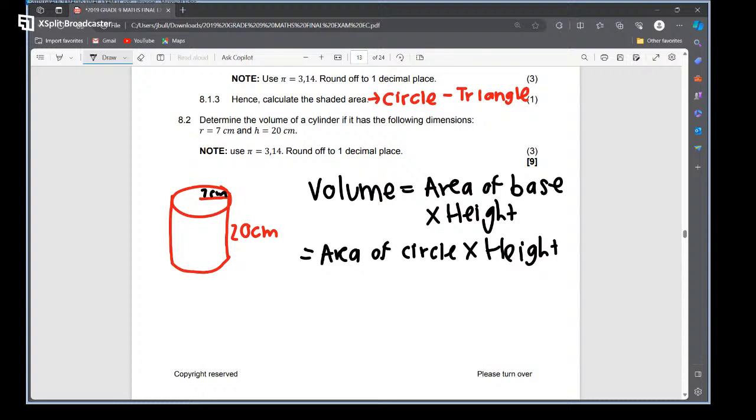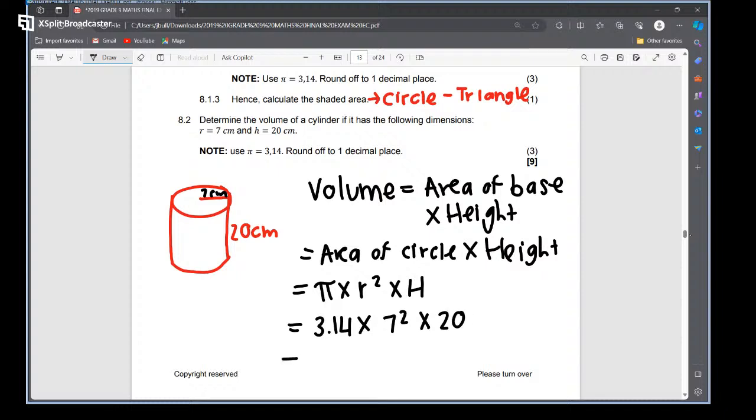So we already have to remember the area of the circle. The area of the circle we said is pi times the radius squared. In this case, they have given us the radius, which is quite nice. So pi times the radius squared times the height. We just got to plug these values in. So pi is 3.14, the radius is 7 squared, and then the height is 20.